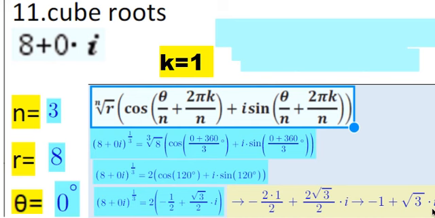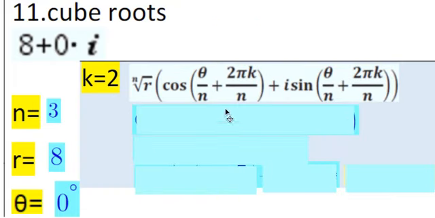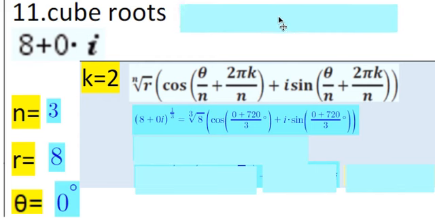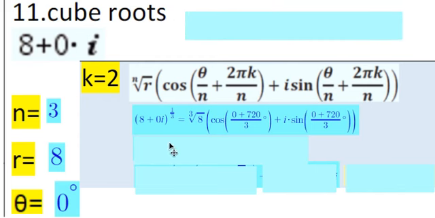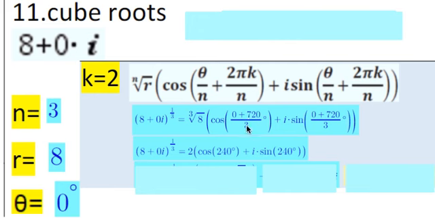So it's cube roots. We need to do the third one when k equals 2. So this time when k equals 2, everything stays the same except now we're multiplying 2 pi by 2. So 360 times 2 gives us 720 degrees. We divide 720 by 3, we get 240. So we need the cosine and sine of 240 degrees.